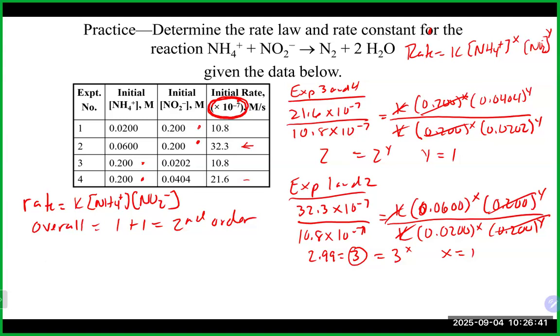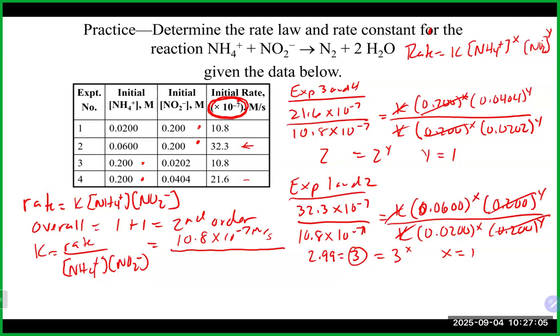So we're going to solve for our rate constant. Our k will equal our rate divided by the NH4+ and the NO2-. So once again, here you could choose any entry you want. I can go with the first one: 10.8 times 10 to the minus 7 molar per second. And again, that is definitely where it becomes important.